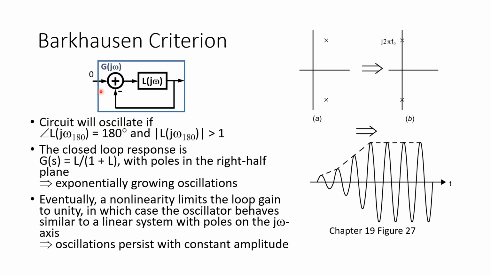Having said that, here's a simplified linearized analysis of an oscillator, modeling it as a negative feedback loop with an open loop gain L. If the frequency at which L has a 180 degrees phase shift, which we'll define as omega 180, gives rise to an open loop gain L greater than 1, then the circuit will oscillate.